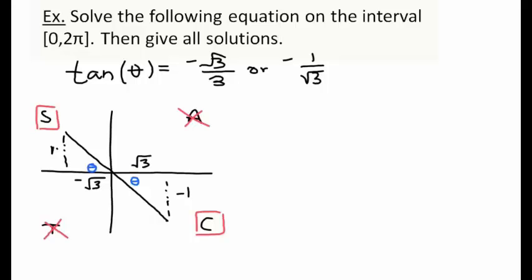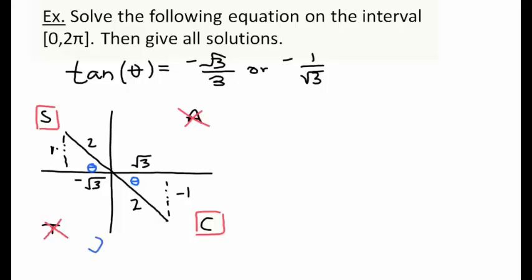Now how do I know what's going to be positive and what's going to be negative? Well, I'm thinking about movement along the x and the y axes. So for this particular triangle, I've moved plus root 3 and then downwards by 1. For this particular triangle, I've moved negative root 3 in the x and then up 1 in the y direction. And of course, this is our 1 to root 3 triangle, so our two hypotenuses here are going to be 2.